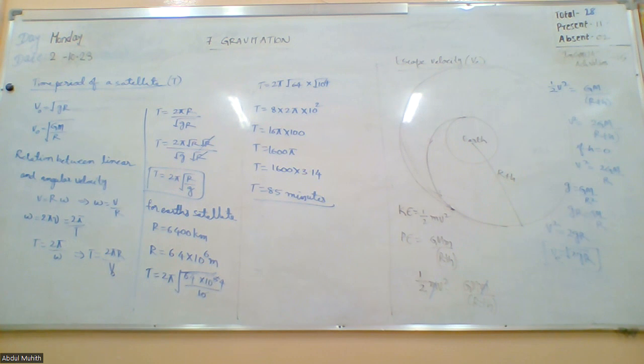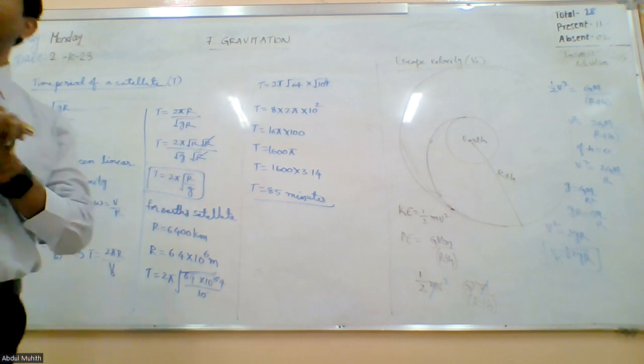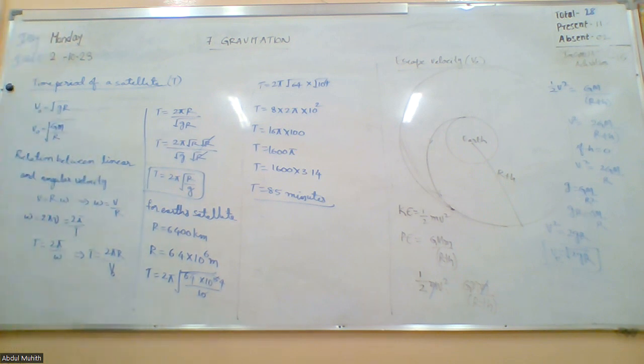So now we'll speak about space junk. What is space junk? Now the problem faced by the scientists is space junk. Junk in space. Now we are launching satellites into space and they are rotating continuously.